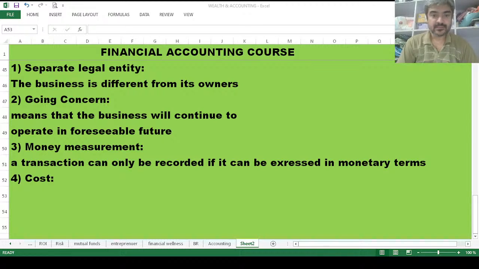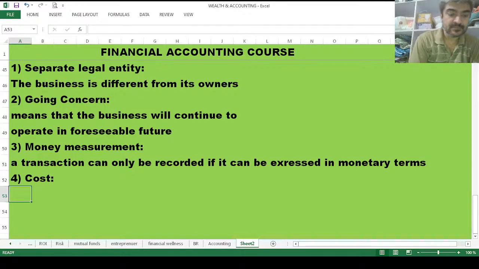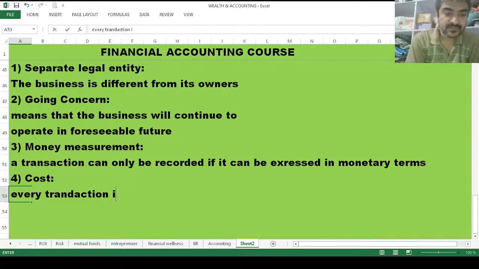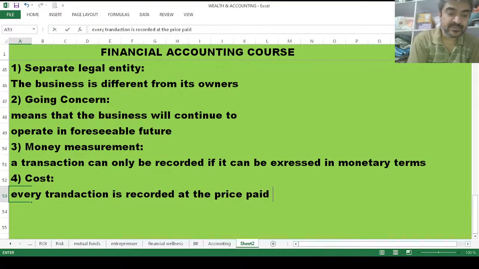Every transaction is recorded at the price paid for it.